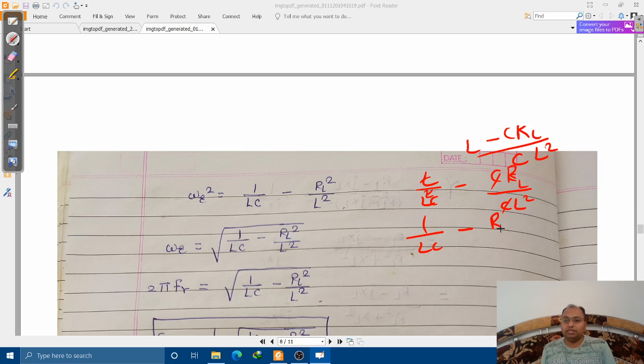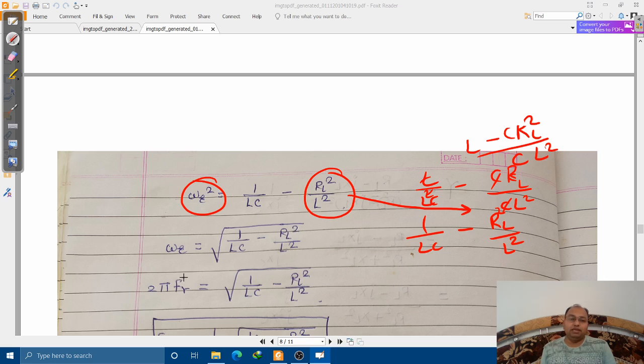Therefore it is nothing but RL square divided by L square. So RL square divided by L square is nothing but this term, right? And then we took the square root, therefore omega r is equal to root of 1 upon LC minus RL square divided by L square.